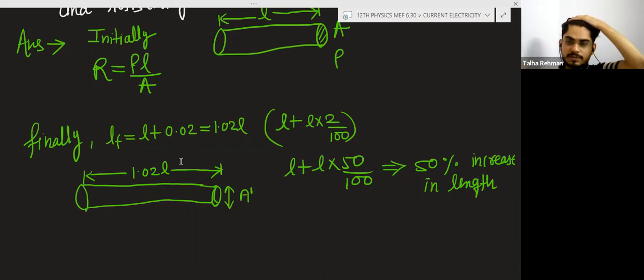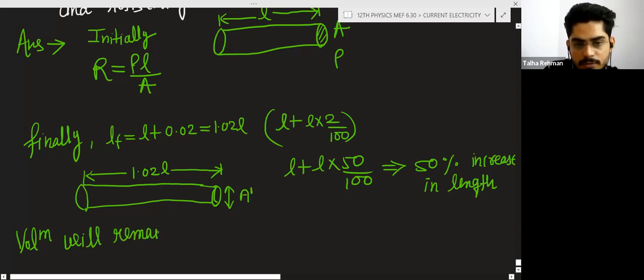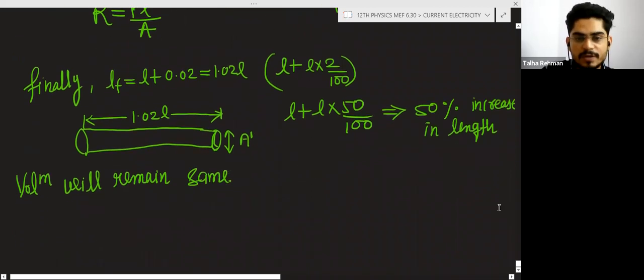Now you can think that the volume of the conductor will not change. If you stretch the wire for increasing the length, the volume will remain the same. So what is the volume initial?